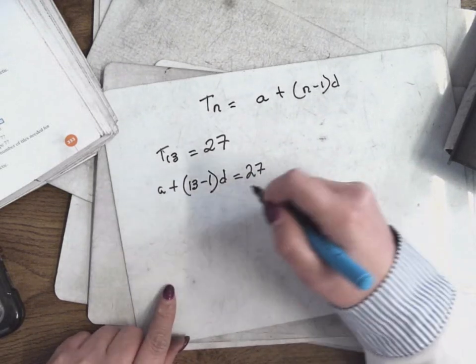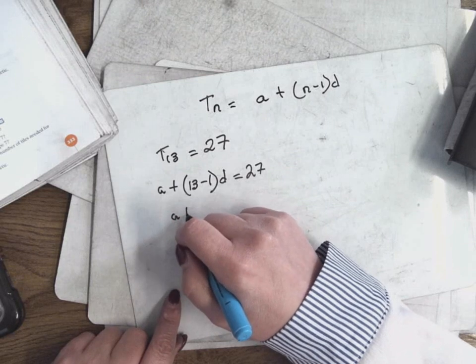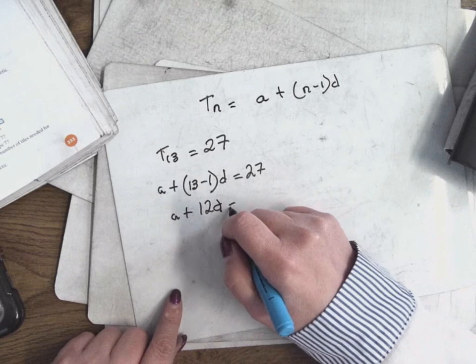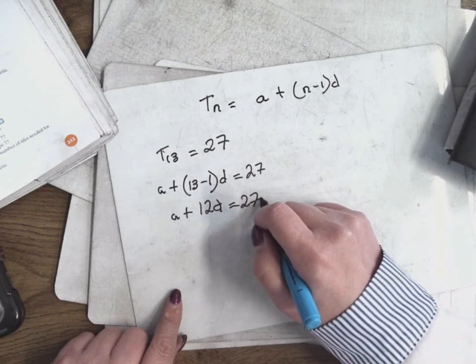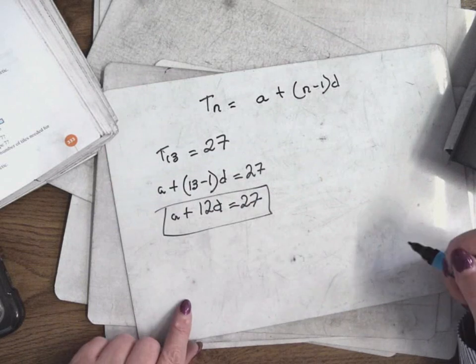So whatever A and D are, you're going to end up with 27. So that's A plus 13 minus 1, which is 12D, equals 27. That's as far as I can go with that. So park it for a minute.